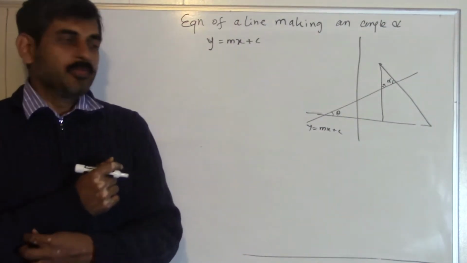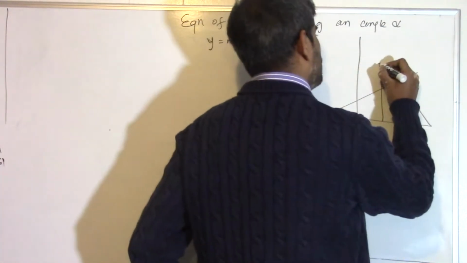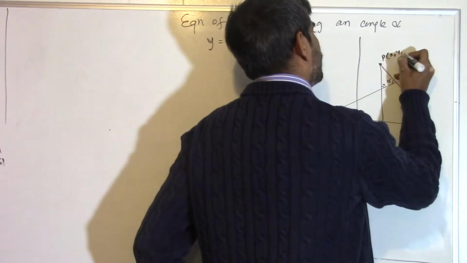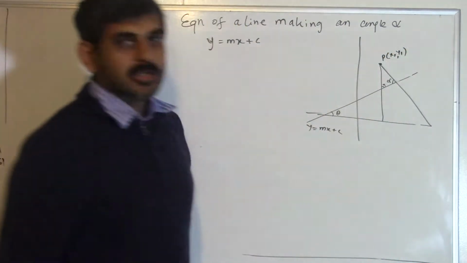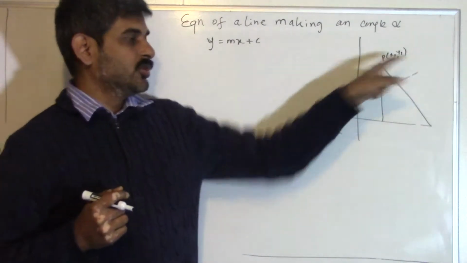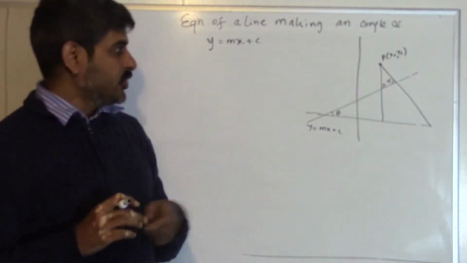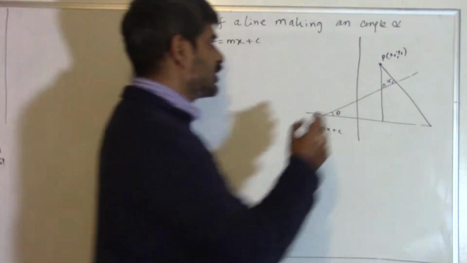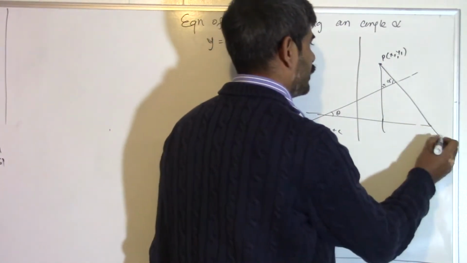So in general, from a given point P(x1, y1), there are two lines that make an angle alpha with respect to that given line. We are required to find the equation of this line and the equation of this line.